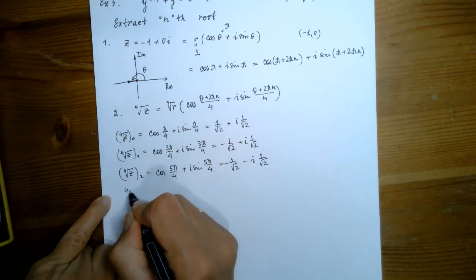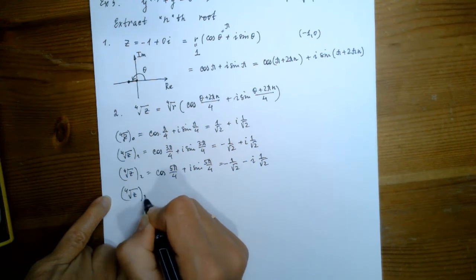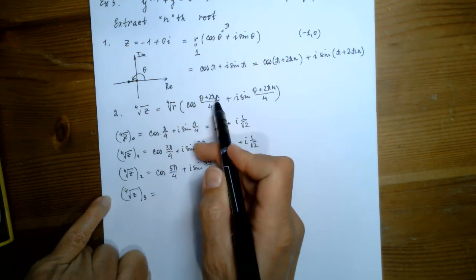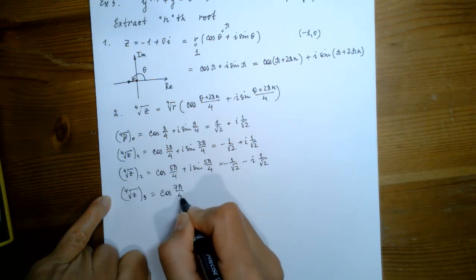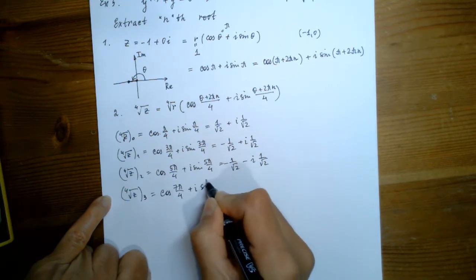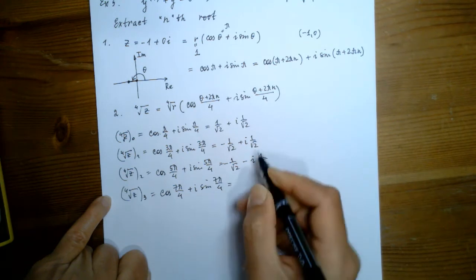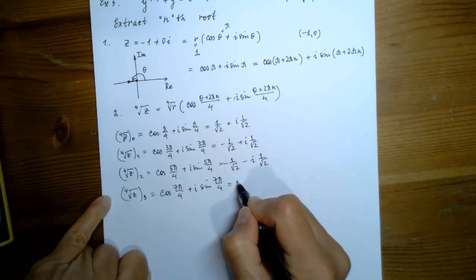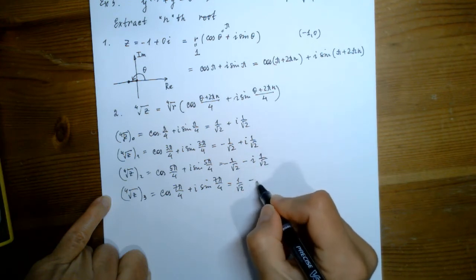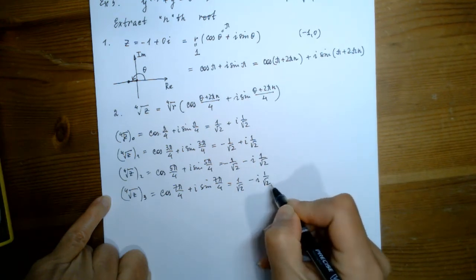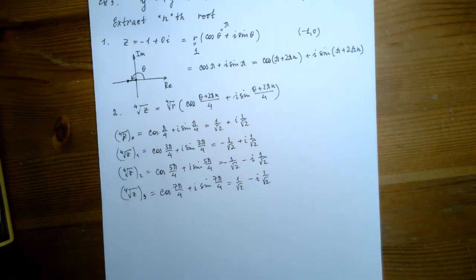And the last one, multiplied by 3, 6 plus 1, 7, right? Cosine of 7 pi over 4 plus i sine of 7 pi over 4, which is going to give me 1 over square root of 2. Cosine in the fourth quadrant is positive, but sine is negative. And that's going to be all 4 different roots.